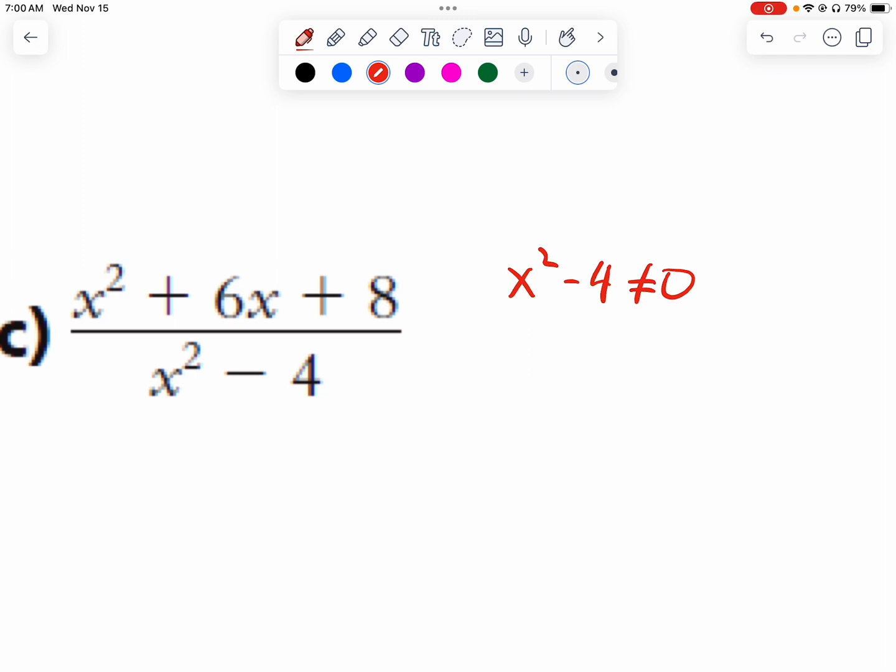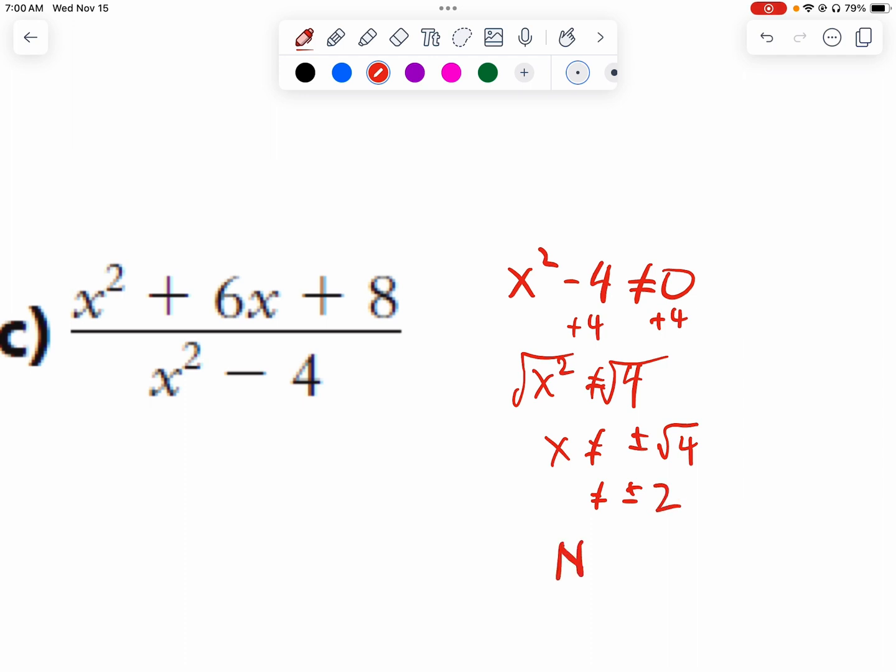Either works. So if I'm solving this for x, I'm going to add 4 to both sides. So x squared cannot equal 4. And then I square root both sides. x cannot equal plus or minus the square root of 4, which is plus or minus 2. So x cannot equal 2 or negative 2.